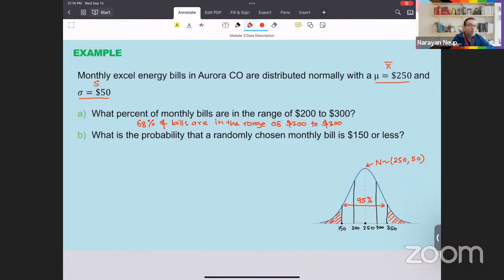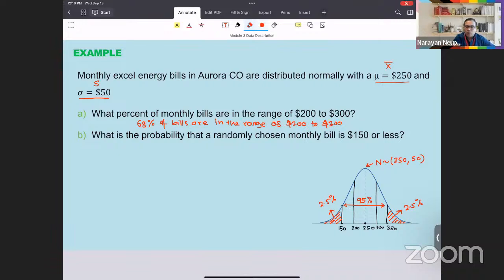So how much data is remaining now? 5%. That's right. So that remaining 5% is divided on two tails equally. 2.5% each. That's right. 2.5% here and 2.5% there. So what you need to do is clearly label the diagram like this and show everything.